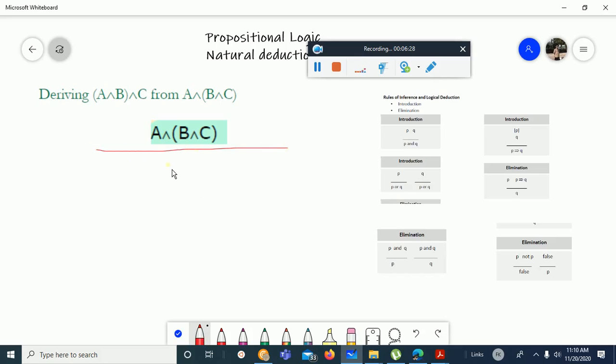For example, we can deduce B and C using AND elimination. Again, we can deduce from it A using AND elimination.